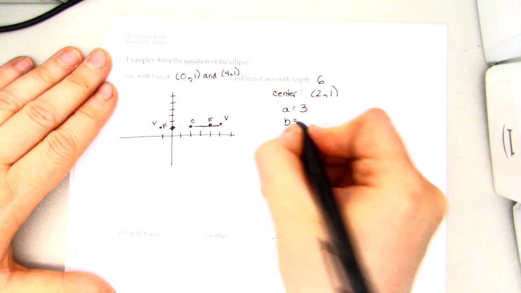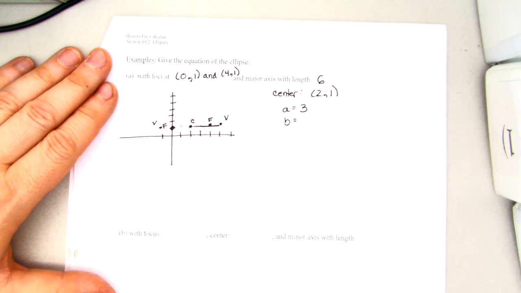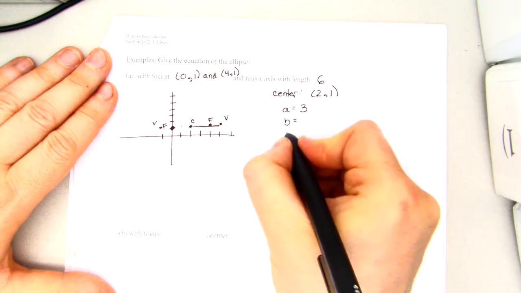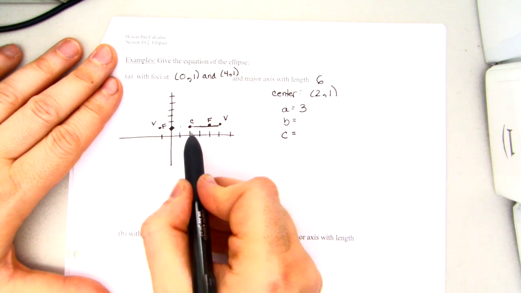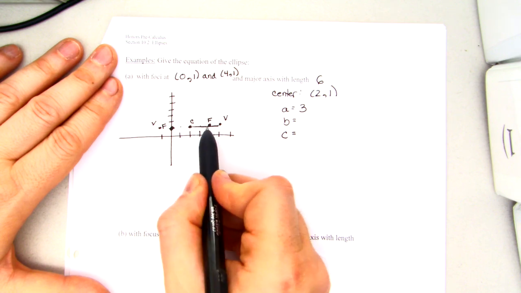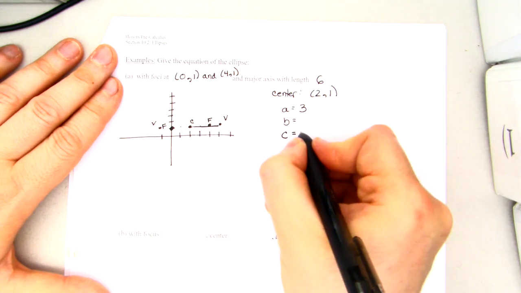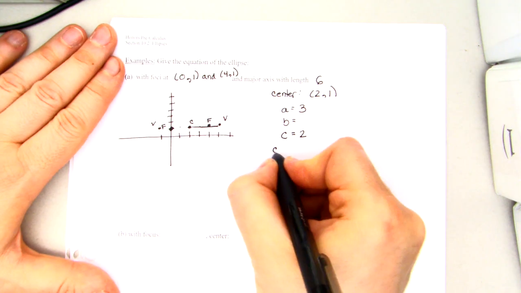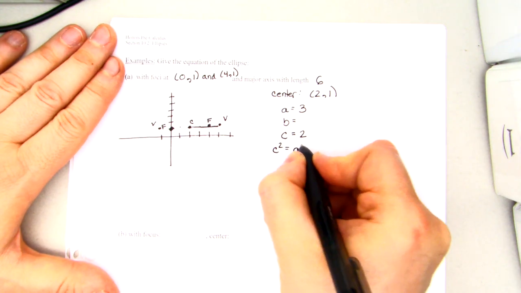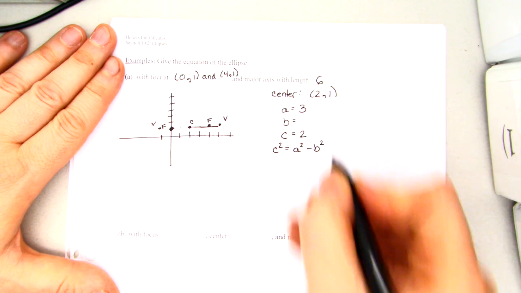My B value, I don't know that yet. Hold off on that one. But I do know the C value, which I can use to help me get my B value. The C value is the distance from the center to the focus, so I think my C value is going to be 2. Well, to find the B, I know that C squared equals A squared minus B squared.